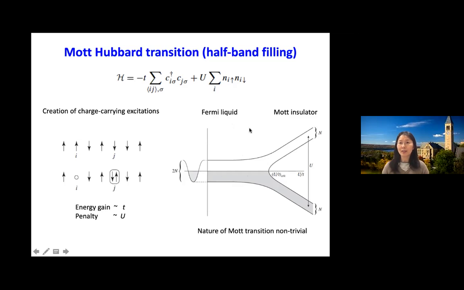And this is also a very old problem. People have been studying this for many, many years and decades. The closest in terms of a material system is those organic crystals, where you can use pressure to tune the bandwidth and study the transition from Fermi liquid to Mott insulator.